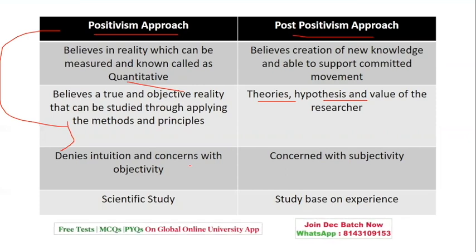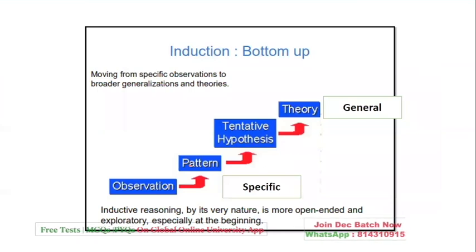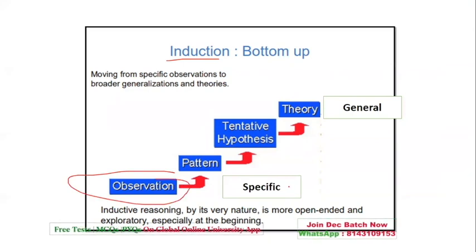Then let's understand the inductive and deductive methods of reasoning. The inductive method is bottom up. It starts with an observation, that is, from specific to general. Many students still have a confusion. They just do rote learning. Please do not do it.